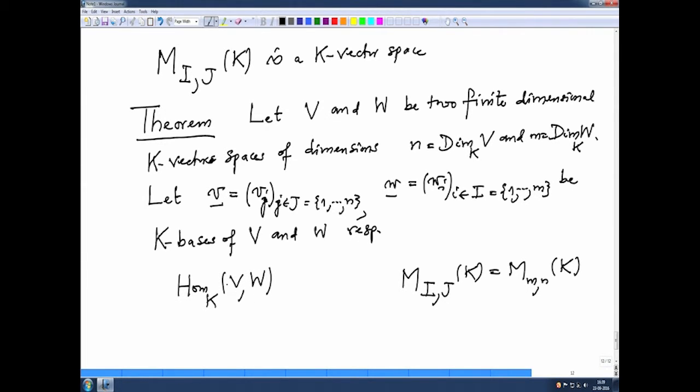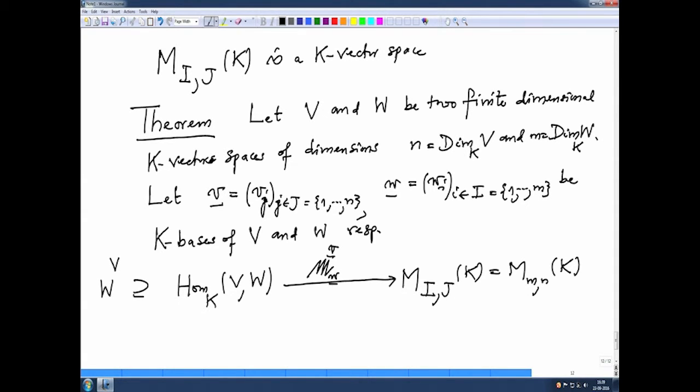These are the set of all k linear maps from V to W, and we have noted it is a vector space. This is actually a subspace of a very big space, W power V. So we have this subspace, we have this vector space and this vector space, and we have a map here. This map is M V W.